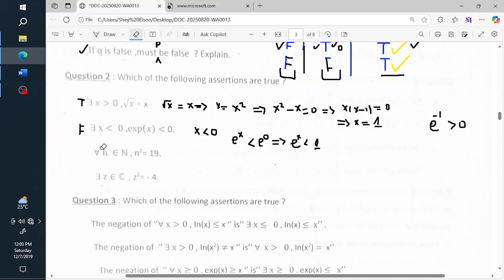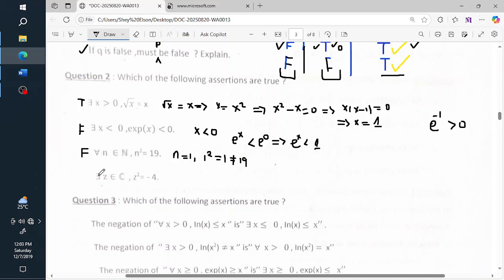So we justify by a counter example. Take n equal to 1, because 1 is a natural number. 1 squared is 1, but it is not equal to 19, which makes this assertion false. That is proved by counter example.